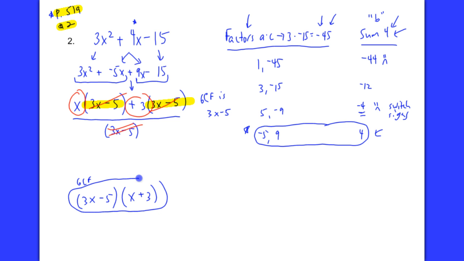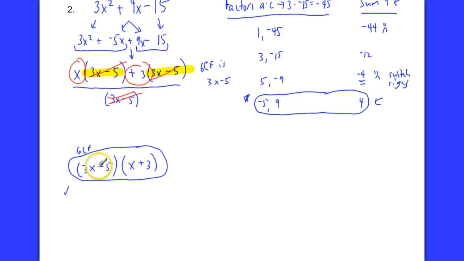That's the answer. Again, what you do need to do, I would like you copying the check down for me, please. 3x times x, that's 3x squared. Then 3x times 3 is 9x, plus negative 5 times x is negative 5x, plus negative 5 times 3, negative 15.